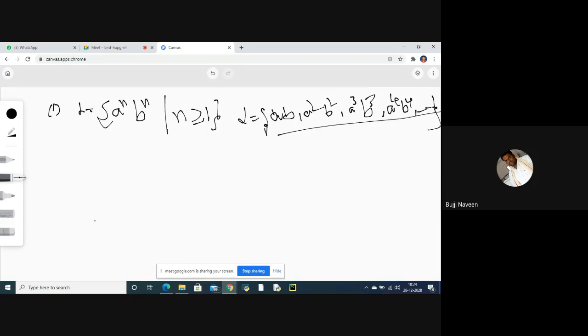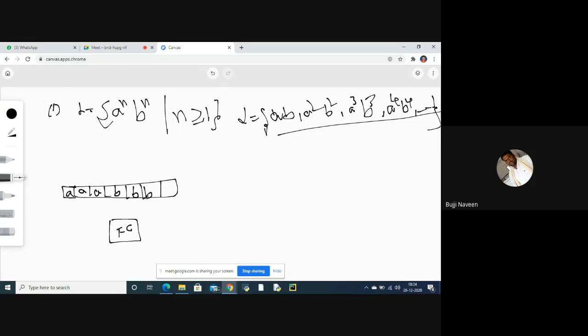So actually the push-down automata contains a finite control along with the input alphabet. So I will take the example as double A double B. Of course it is triple A triple B also.